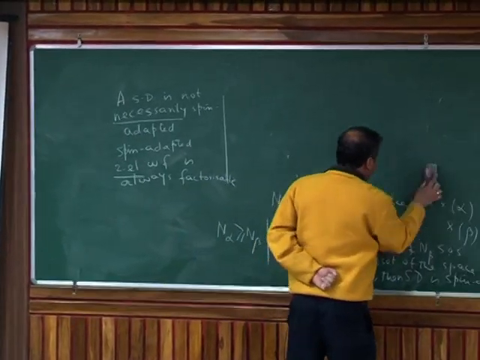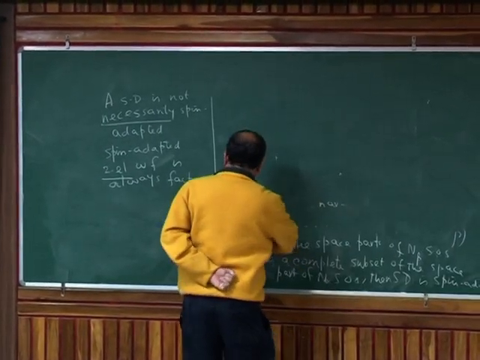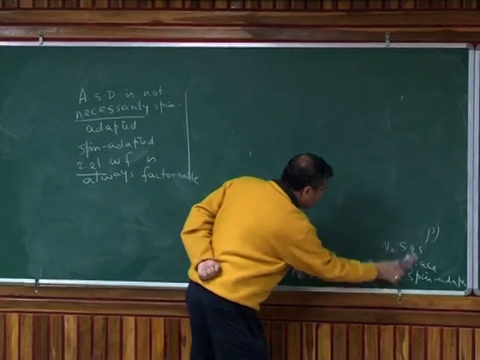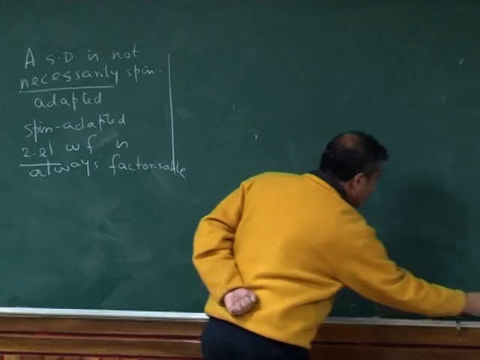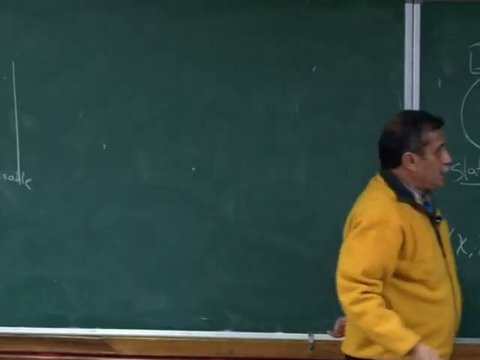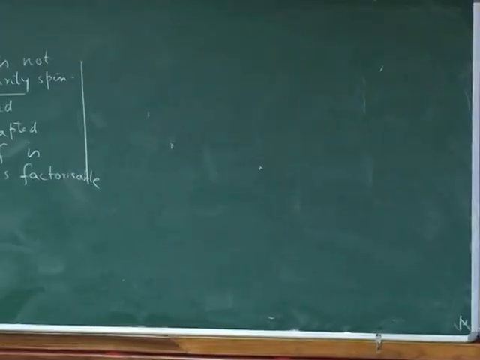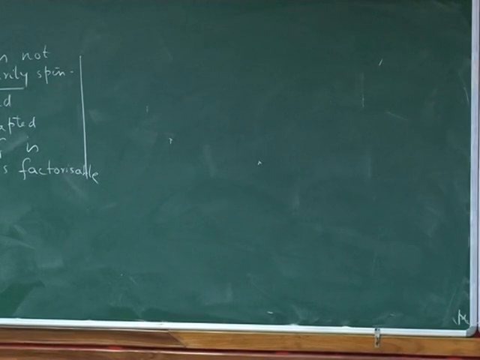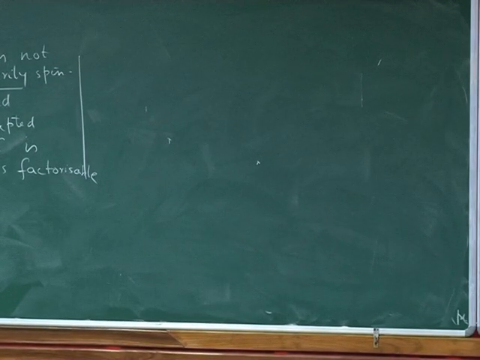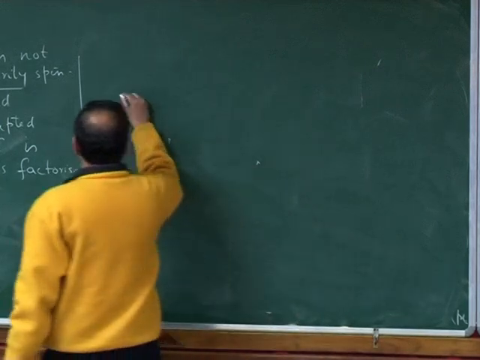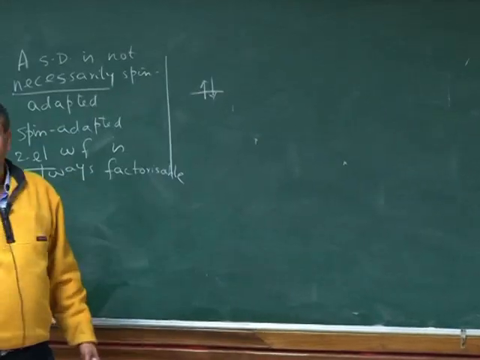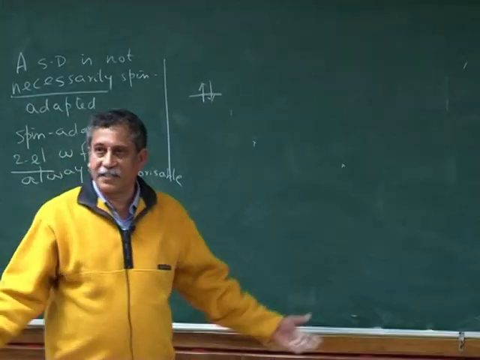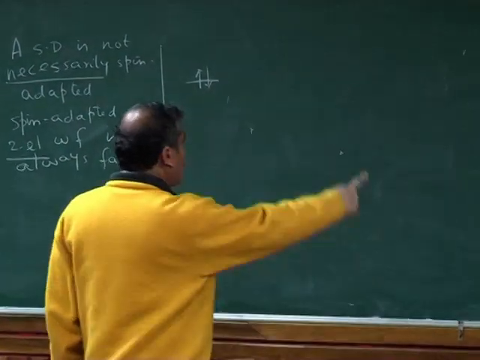So if I take a system like the helium atom or hydrogen molecule, where this is a molecular orbital, let's work it out.